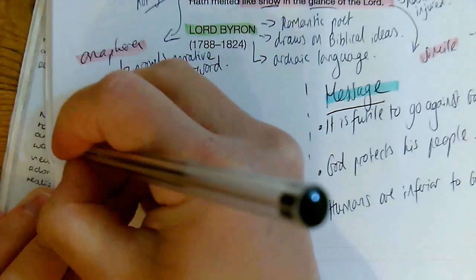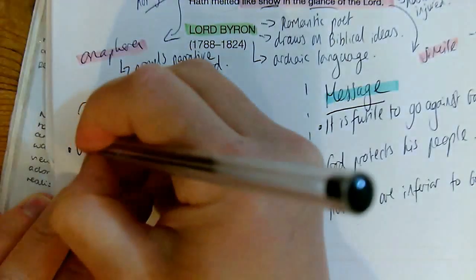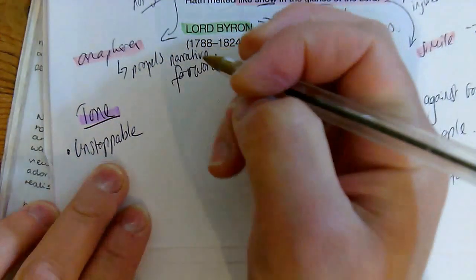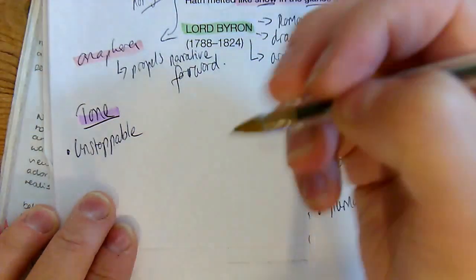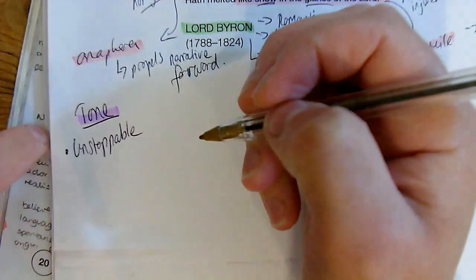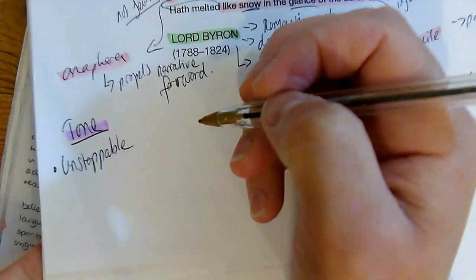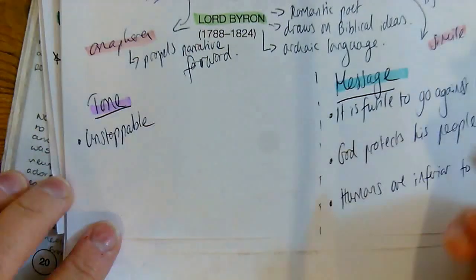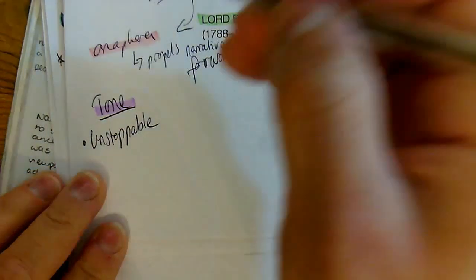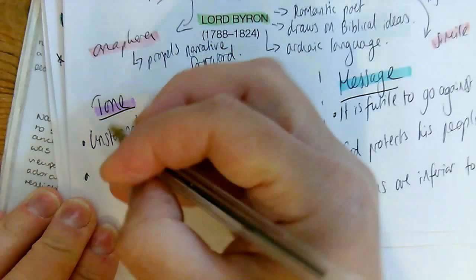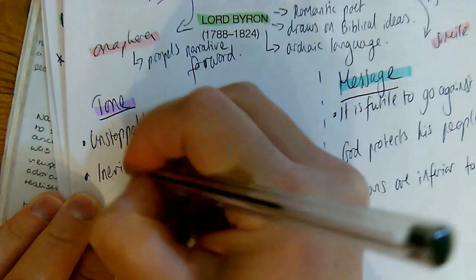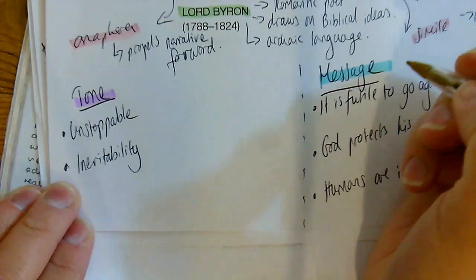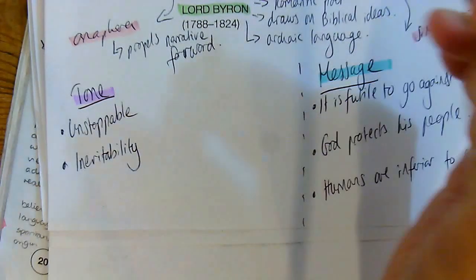So the tone in this poem then, there seems to be this unstoppable tone. The armies are unstoppable at the start, and then it's almost like their defeat is completely unstoppable. It's futile for them to try and even fight against God. Maybe there's a sense in which there's an inevitability, because the title tells us what's going to happen at the start, and it's like that phrase, isn't it?